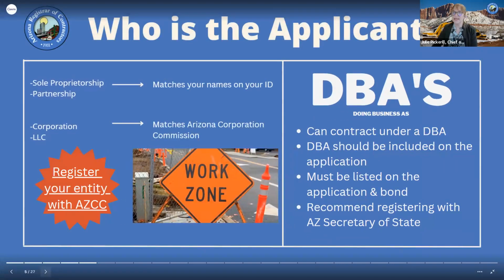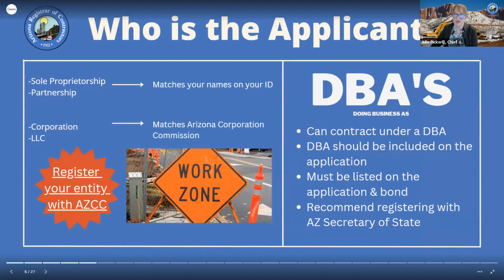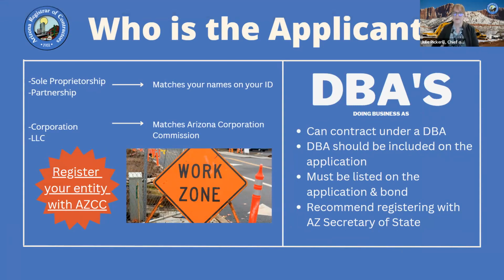All right, so who is the applicant is a big question that we often get. If you are applying as a sole proprietor, and that is you, so if Julie was applying as a sole proprietor, then that's me. I am the sole proprietor, and we need all of my information.